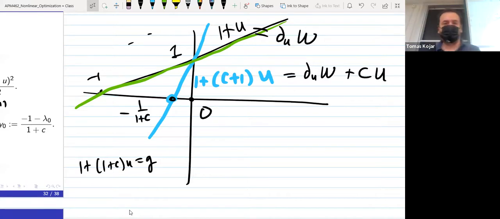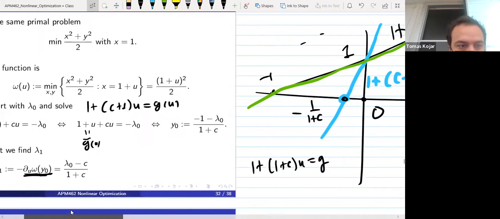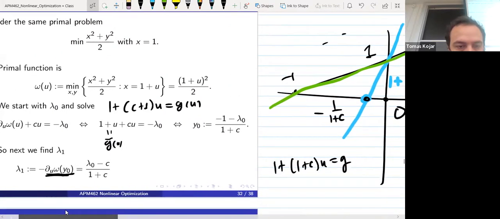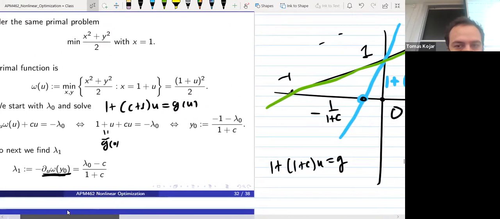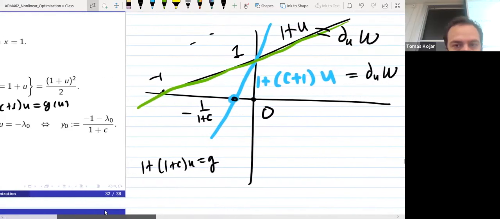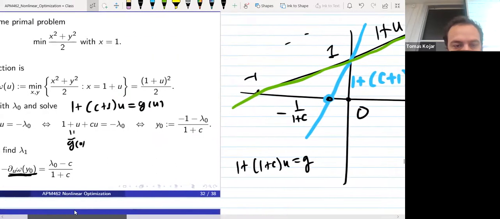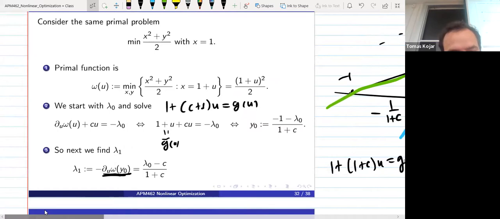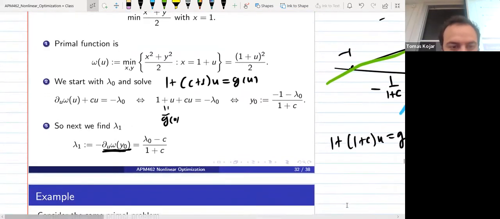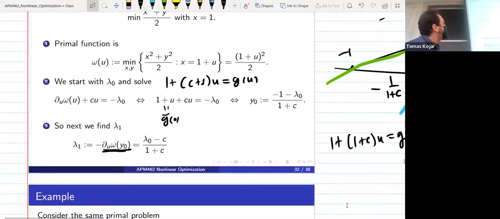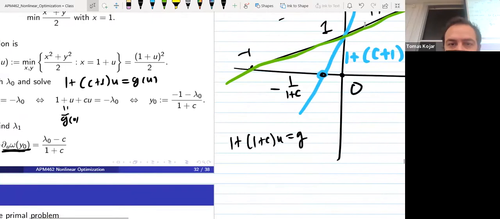And the way we did it was, let me do the first step. To find lambda 1, first I need to find y0.